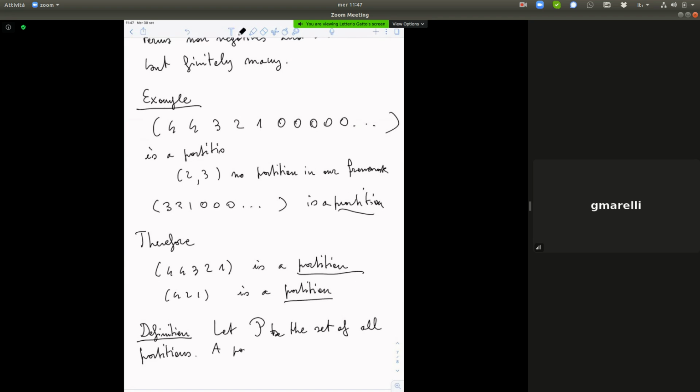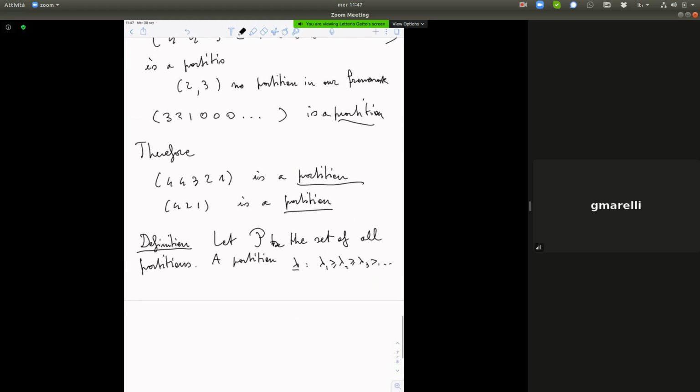A partition lambda 1 bigger than or equal to lambda 2, bigger than or equal to lambda 3, and so on, has length r if lambda r plus 1 is equal to 0.